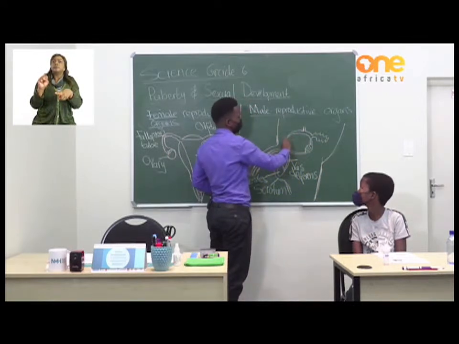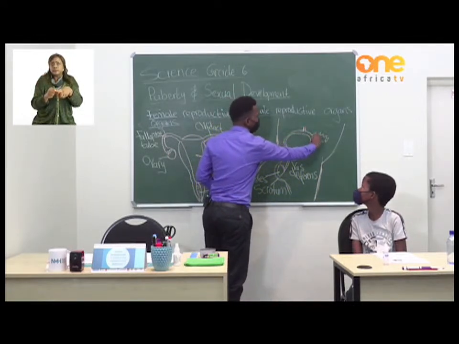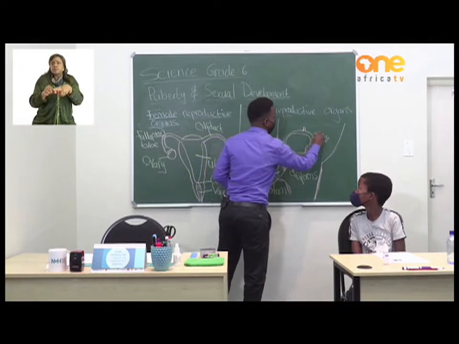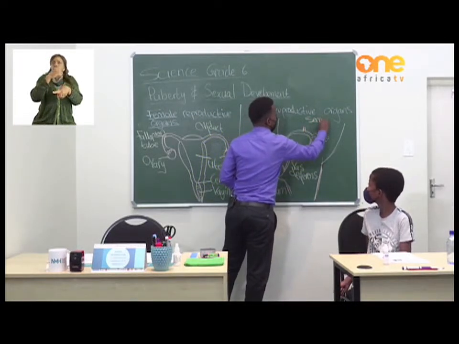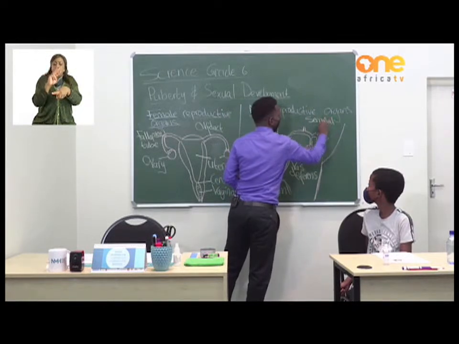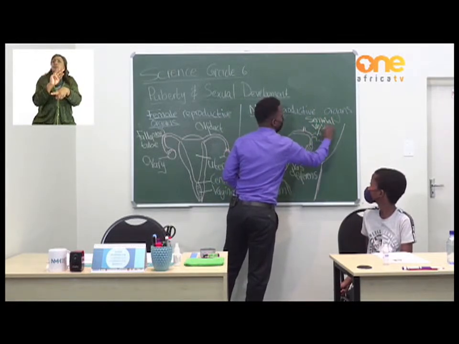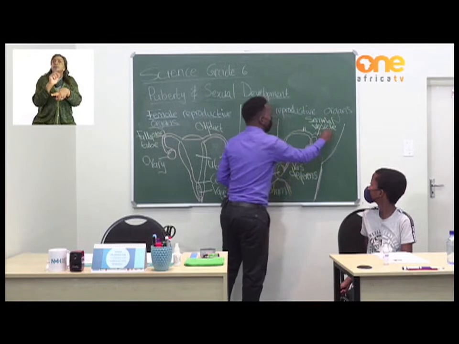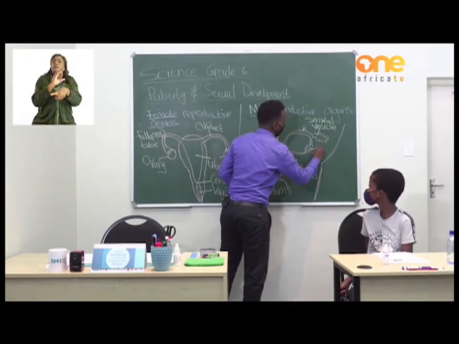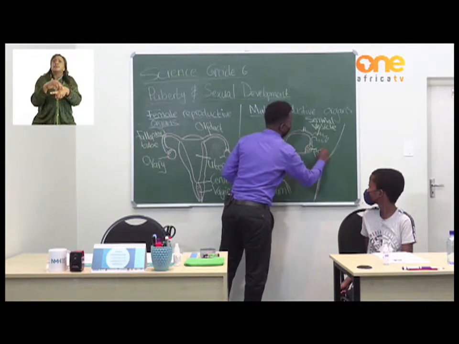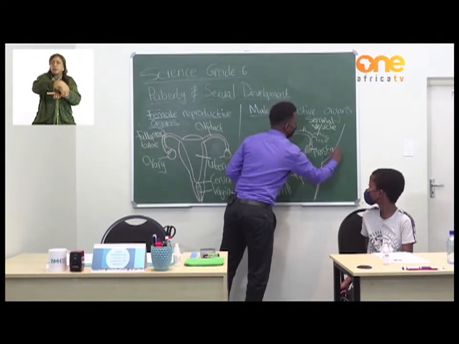And the vas deferens goes on and connects to another structure, and this structure is referred to as the seminal vessel. And from the seminal vessel, there's another structure it goes into called the prostate gland.